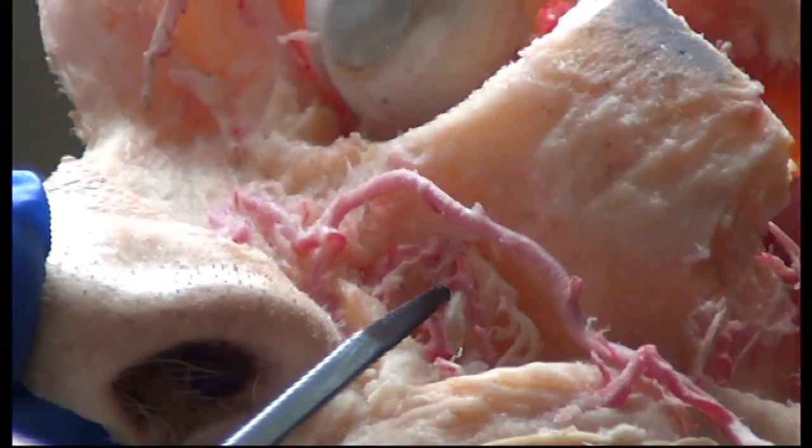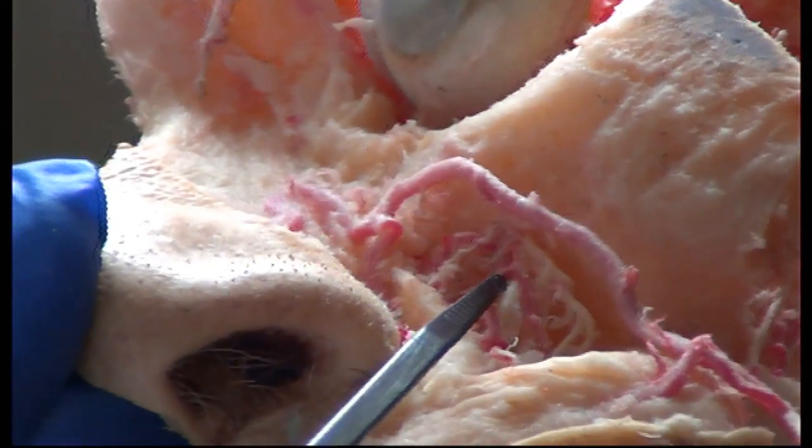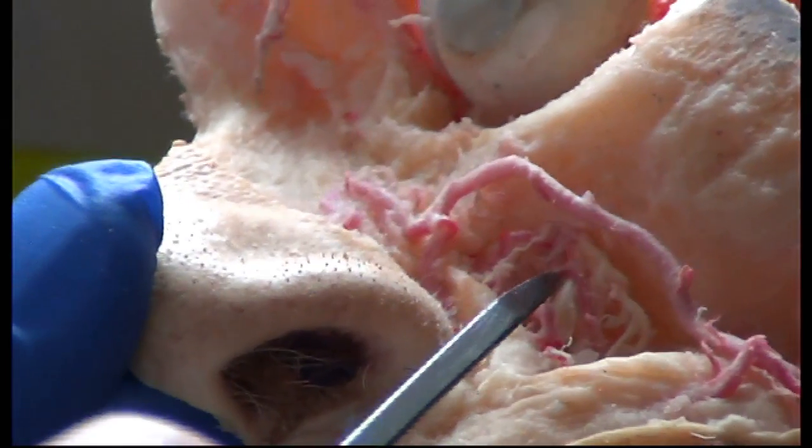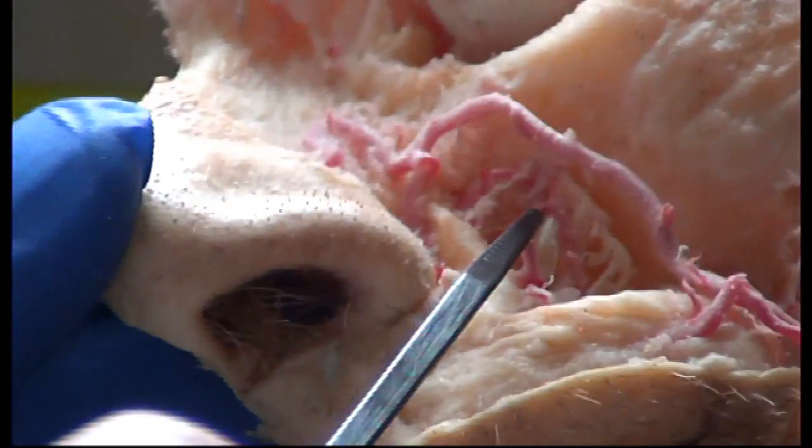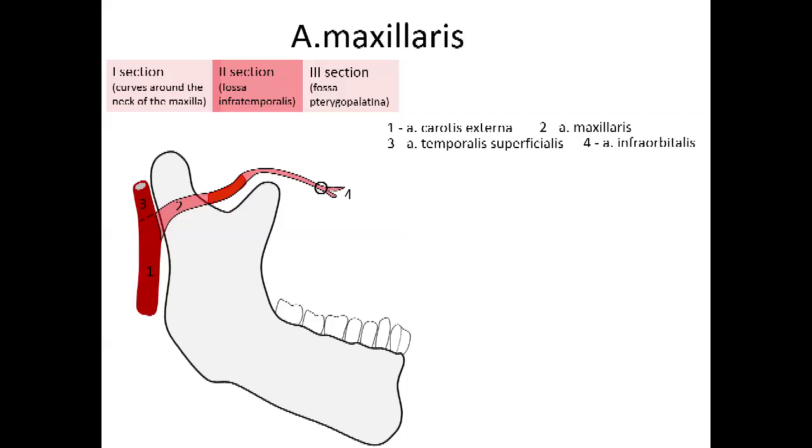What is it? It's arteria infraorbitalis, the last vessel from arteria maxillaris. Okay, let's return to our presentation.